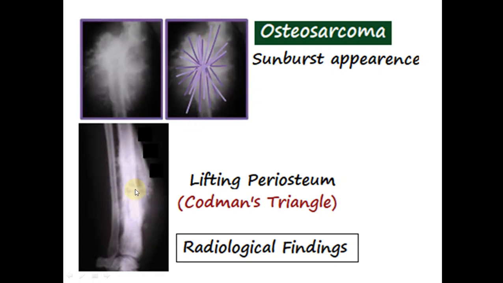Moreover, as the tumor grows in between the compact bone and the overlying periosteum, it will lift the periosteum away from the compact bone, and this will produce a triangular shaped appearance which is known as the Codman's Triangle.